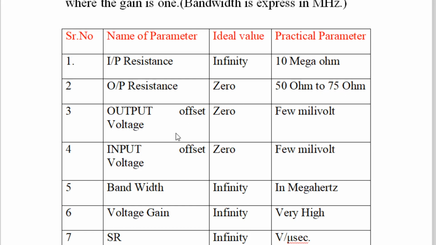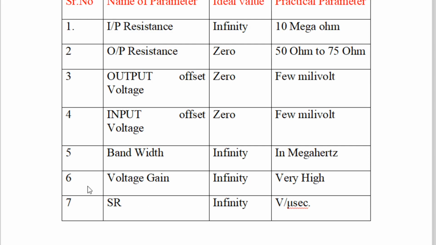Output offset voltage, ideal value 0, but a few millivolt is present. Input offset voltage: we should not require any input voltage to nullify the output, but there is an output, so we require some voltage. Bandwidth is infinity ideally, but in reality it is in megahertz; infinite bandwidth is not possible at all.